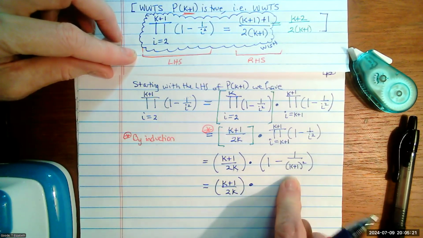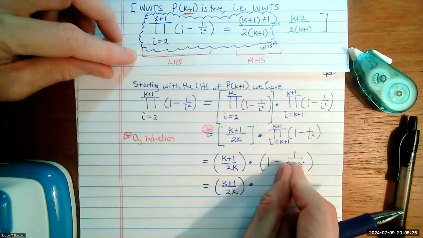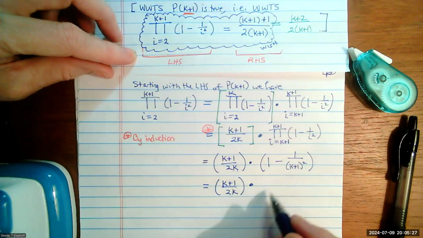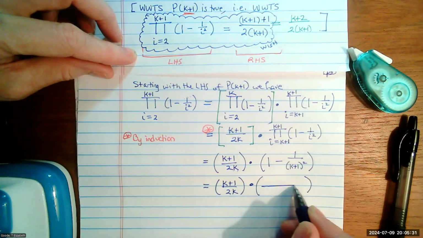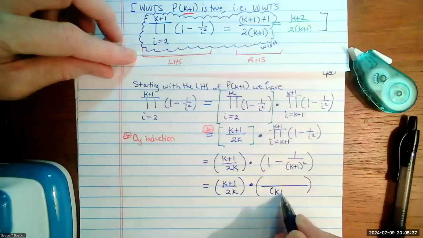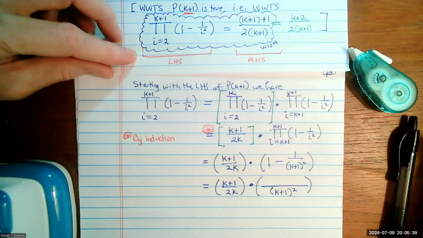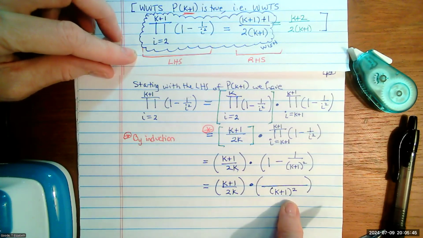What is the common denominator so that I can pull these together into a single fraction, a single quotient? What's our common denominator, folks? It will be the k plus 1 squared quantity. Yeah, nice. Very nice. So that's Sophie.